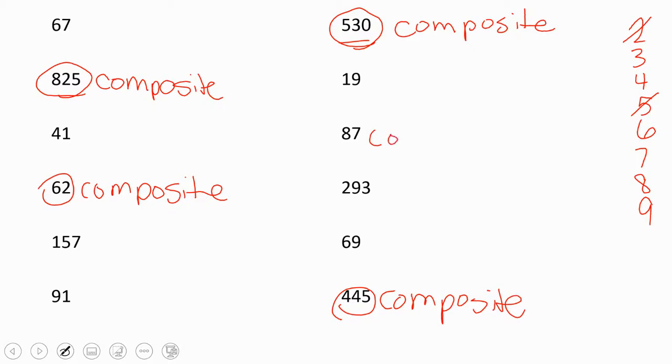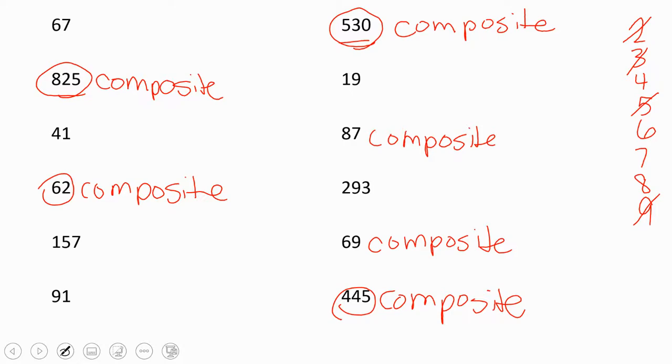So that number is going to be composite. 293. So 2 plus 9 is 11, plus 3 is 14. It's not divisible by 3 or 9. And lastly, we have 69. So 6 plus 9 is 15, which is a multiple of 3. So that is composite. You can divide that by 3. So check 3 and 9.